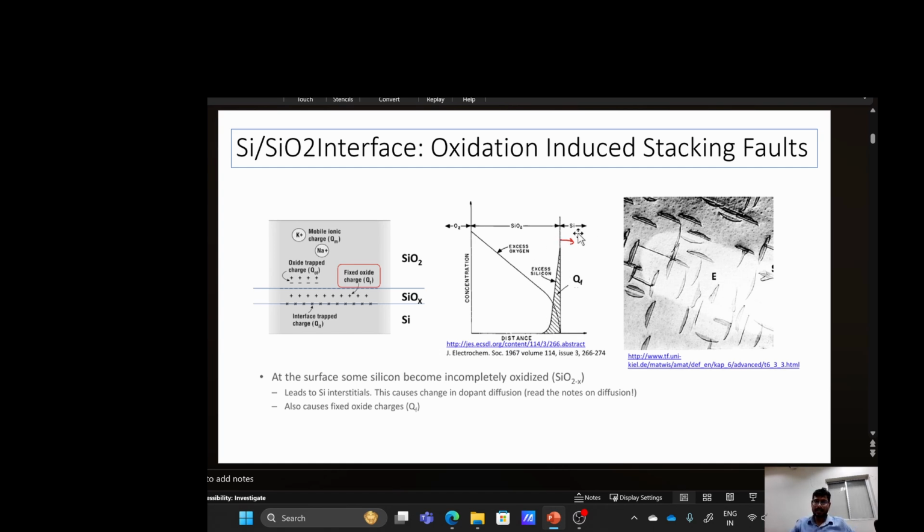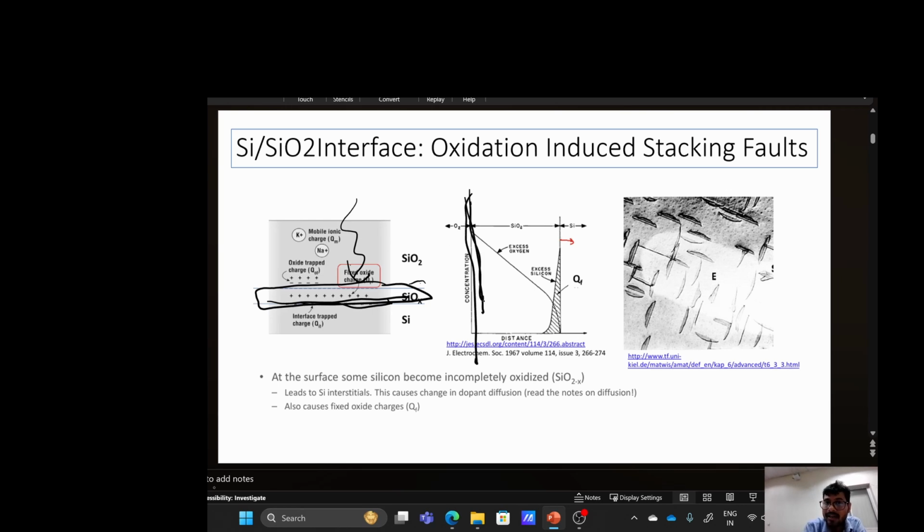Here I will show. This is SiO2, this is the Si interface, and this particular layer is SiOx. For oxide growth, oxygen has to diffuse through this SiO2 inside. This is the SiO2 surface, which is exposed to the outer environment.